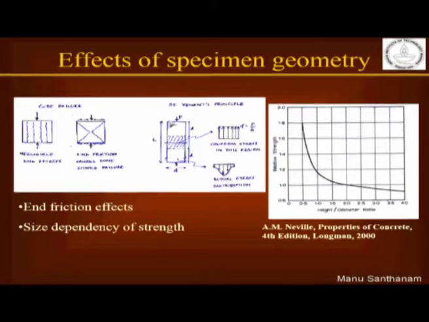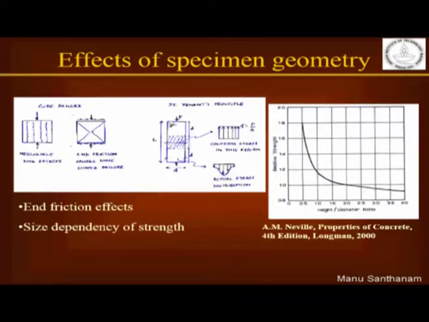What do you think happens when you start compressing something? You know very well that it's going to bulge outwards laterally. In the case of concrete, you know it has a Poisson's ratio of about 0.18 to 0.2. So when there is an axial strain, there's obviously going to also be a lateral strain depending upon the Poisson's ratio.